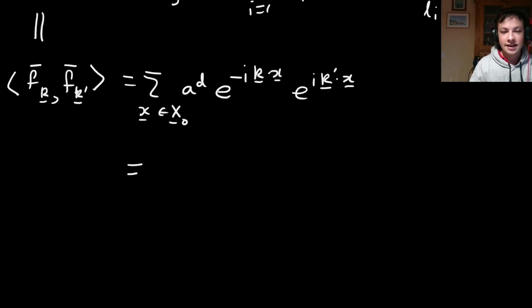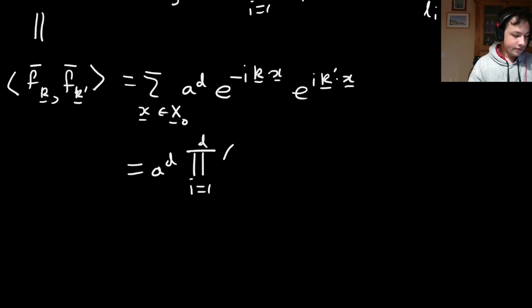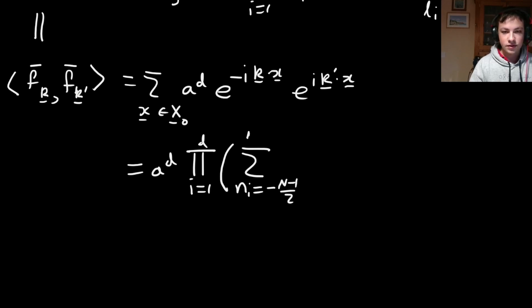We can take the a to the d out, and we can write this sum over x's as a sum in each direction, and we multiply all those sums together. So we've got a product over the dimensions, 1 to d, then a sum for ni goes from minus n minus 1 over 2 to n minus 1 over 2.